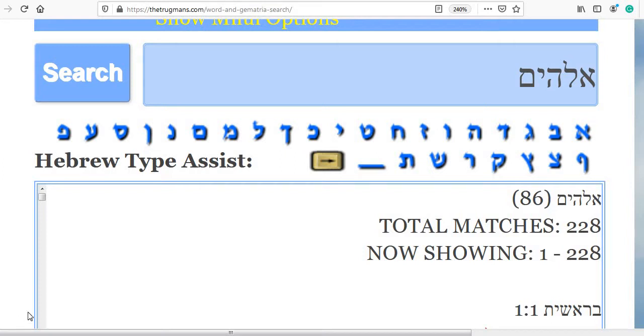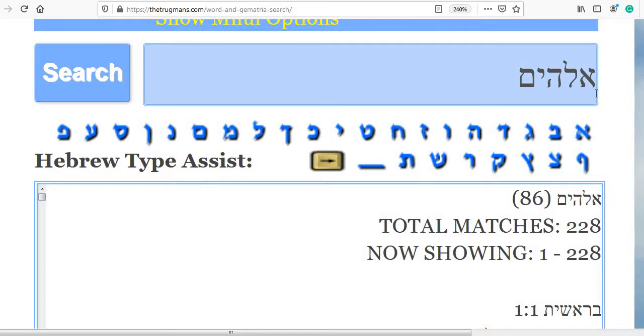Someone online was asking an interesting question about this word, one of the names of God, Elohim in Hebrew. And I pointed out that you have to be really careful with this name, with this title, because the Torah is completely precise.